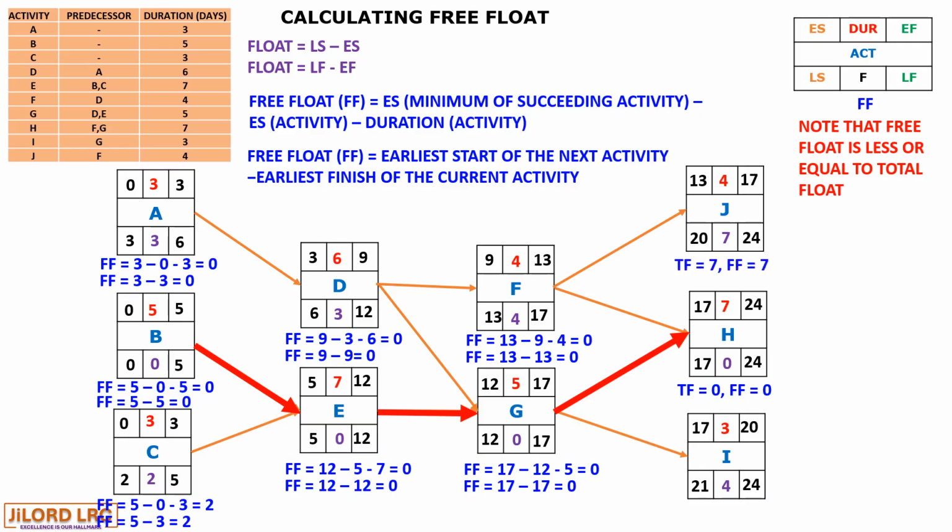The total float for J is 7, and hence the free float is also 7. And finally, the total float for I is 4, and hence the free float is also 4. So we have to note that the free float is less than or equal to the total float.